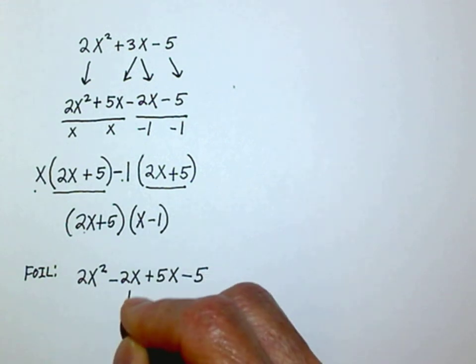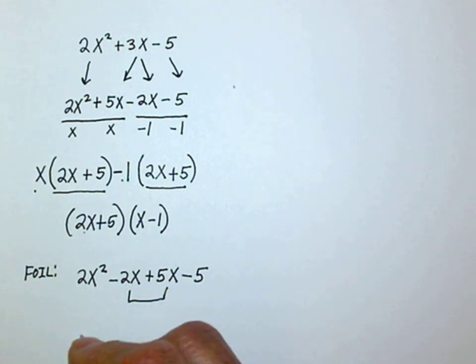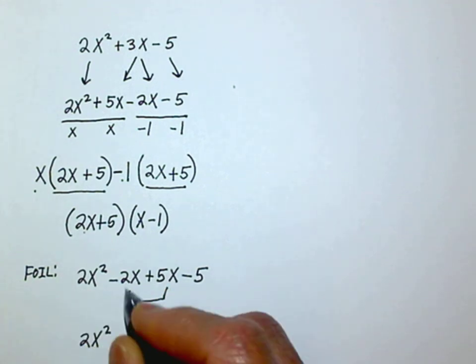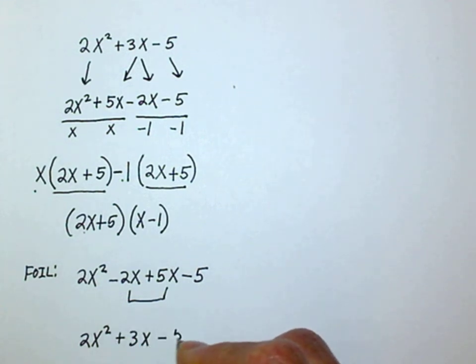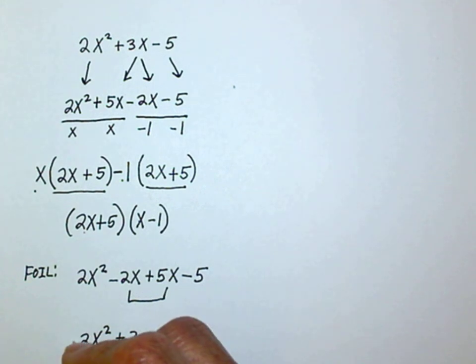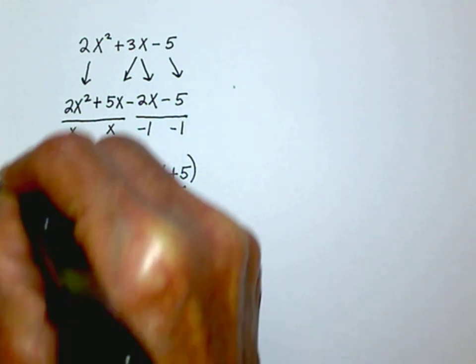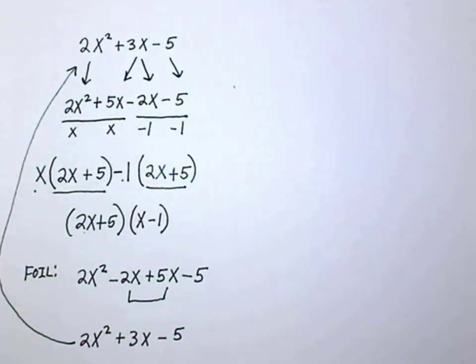I have like terms that can go together. Negative 2x and positive 5x gives me 3x, minus 5. And this checks out with my original polynomial. Several steps there. You'll want to practice that.